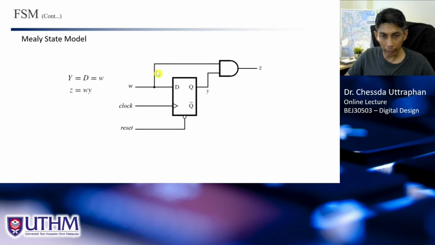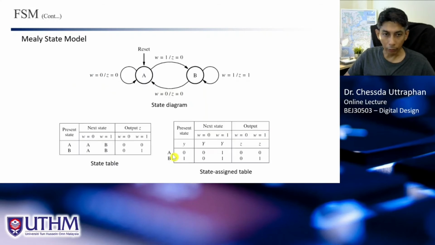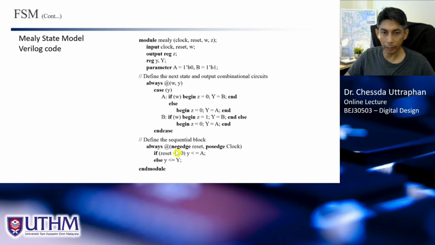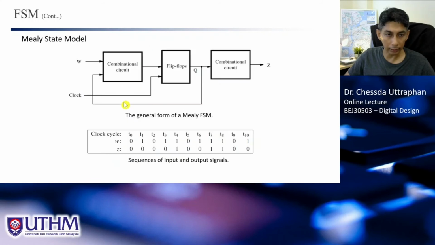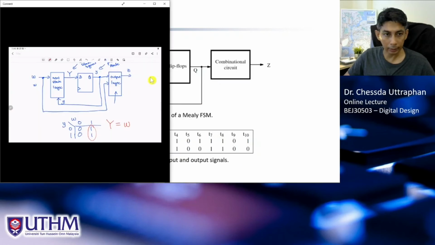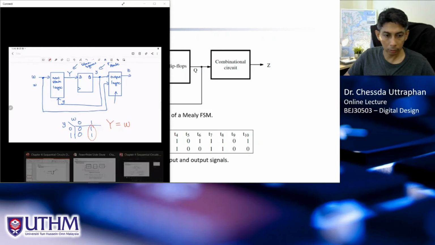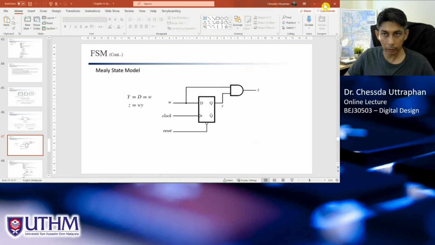You don't need to have the logic circuit or equation. If you have the state diagram, you can straight away derive your Verilog code. So in this case, of course you need to have this. This is important. So let's go to this.